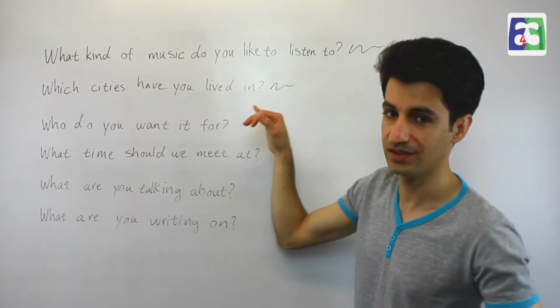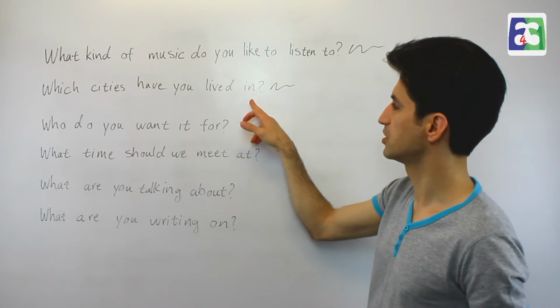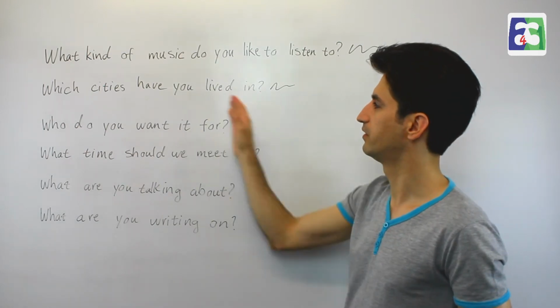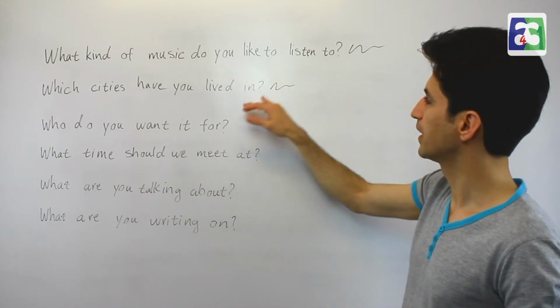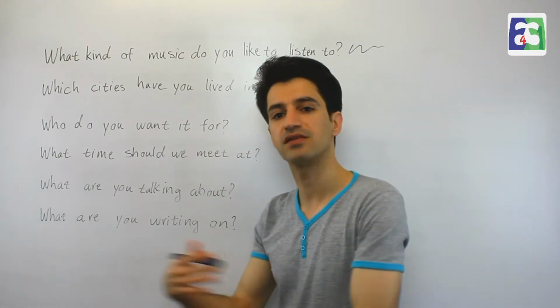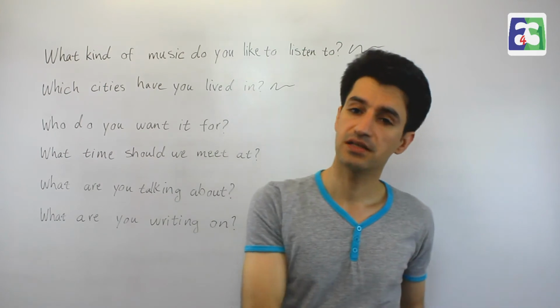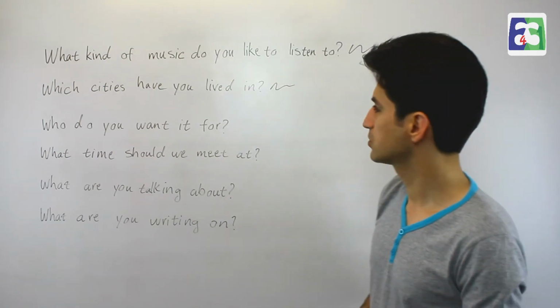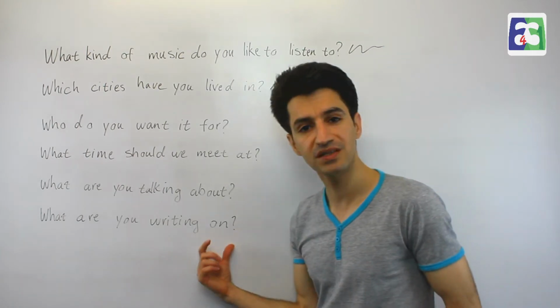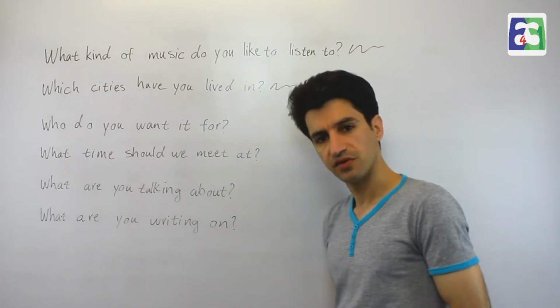No, they need the preposition before the name of the city. I have lived in London. So this preposition is actually part of that statement that we are making the question from. And in some cases like this one, if we omit it, it is a different question.